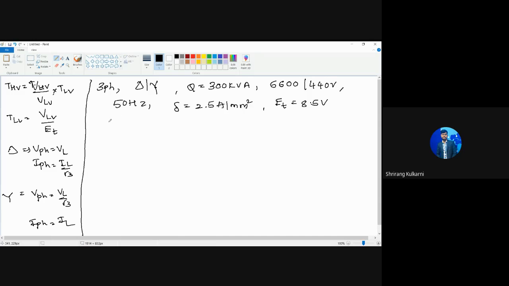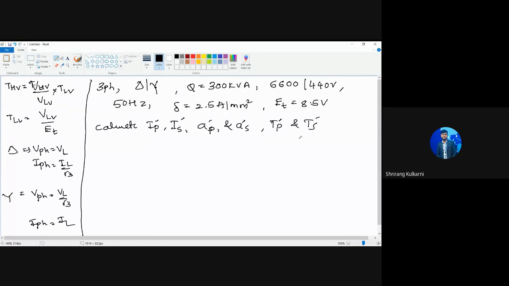So what things do we have to calculate? Calculate IP, IS, AP, AS, TP, TS. What are these? Primary current, secondary current, primary conductor area, secondary conductor area, primary number of turns, secondary number of turns.